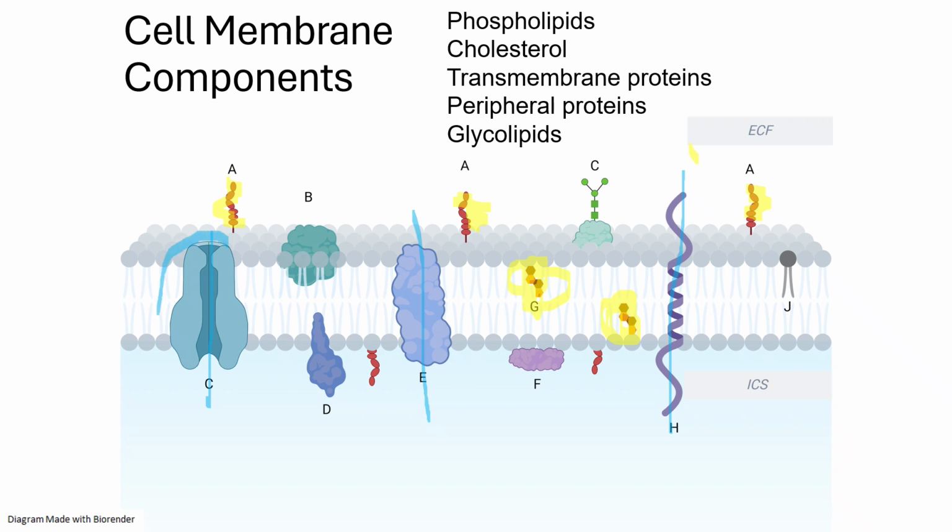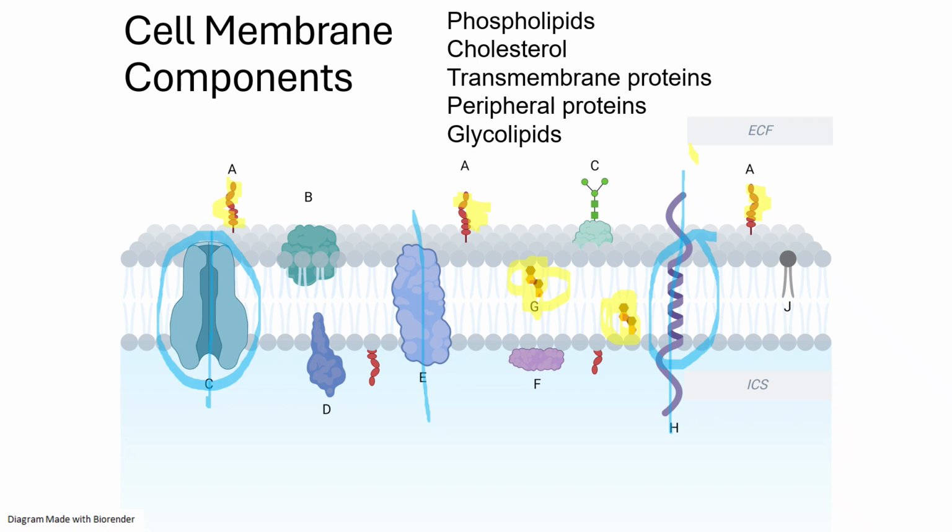This over here, C, looks like it's got a channel through the membrane. And over here, H, this looks like an alpha helix. Transmembrane proteins span the entire length of the cell membrane.